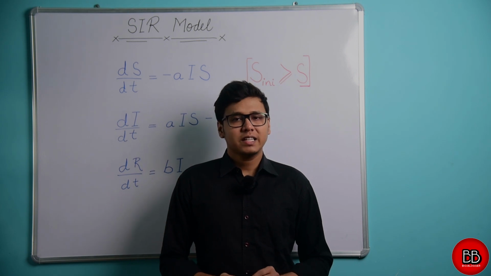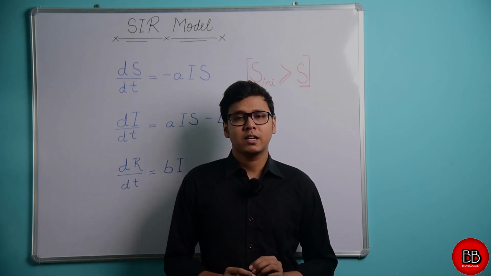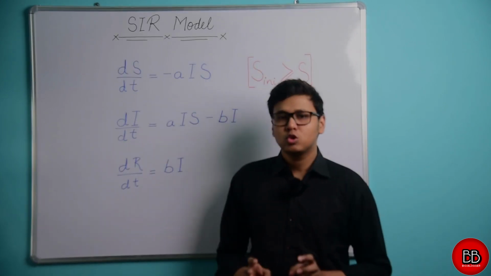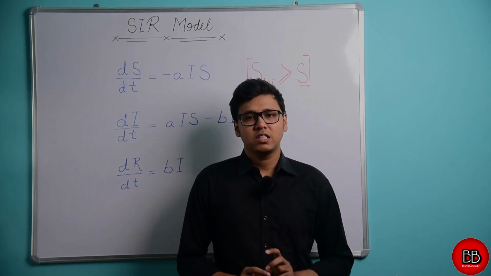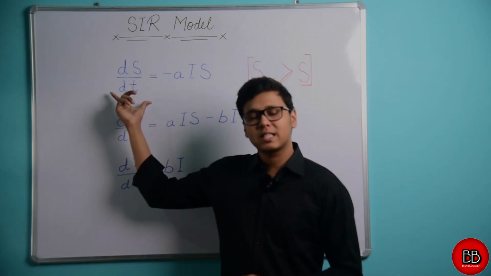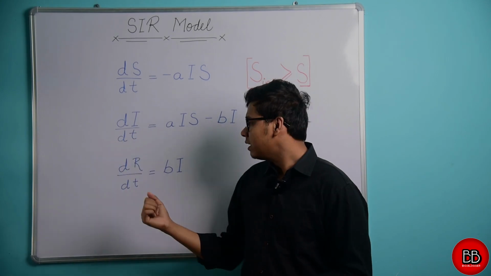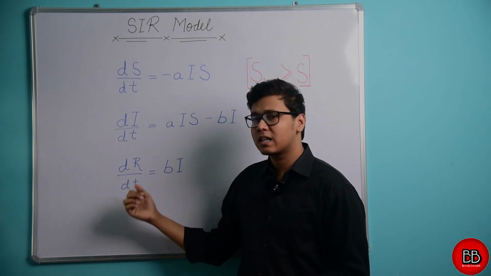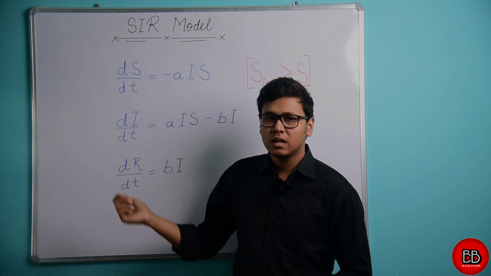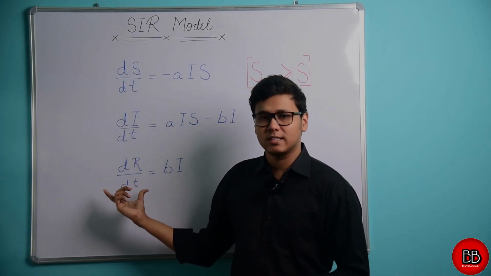Our second assumption will be based on the fact that any contagious disease spreads only when at least two people come in contact with each other. And who are these two people? At least one of them should be from the susceptibles category and one of them should be from the infective category. Even if someone from the removed category comes in contact with these people, the disease is not going to be transmitted as they are immune to the disease.